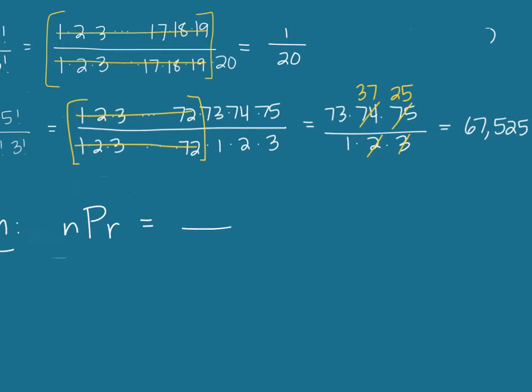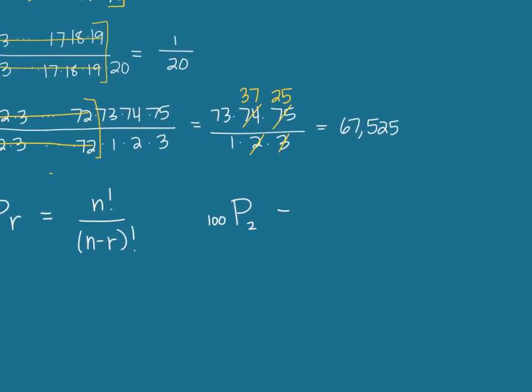And the formula is a fraction. And n is in the numerator as a factorial. Now some people think, oh, r must be in the denominator. Not quite. It's the parentheses n minus r, factorial. And so an example of that might be 100P2.